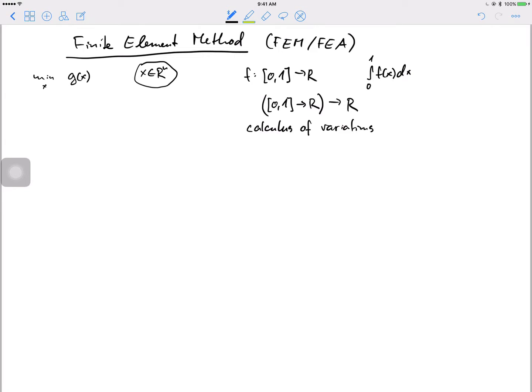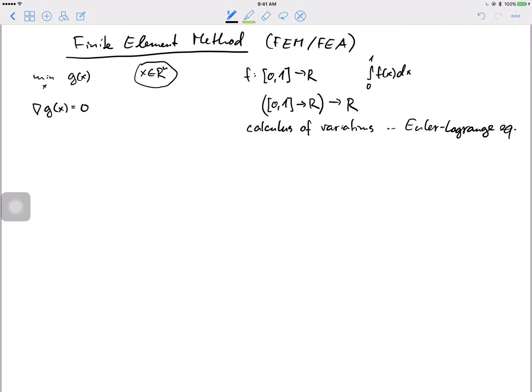And once you have some problem of minimizing some functional, then the analog of what we had here, saying that the gradient needs to be 0, if I simplify some of the details, in the calculus of variations is called the Euler-Lagrange equation.